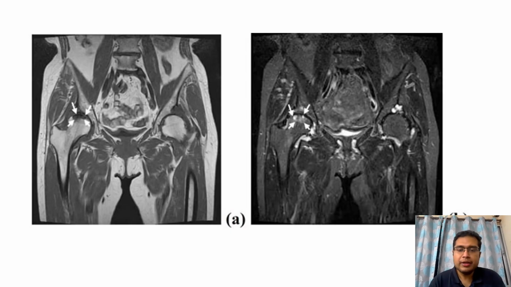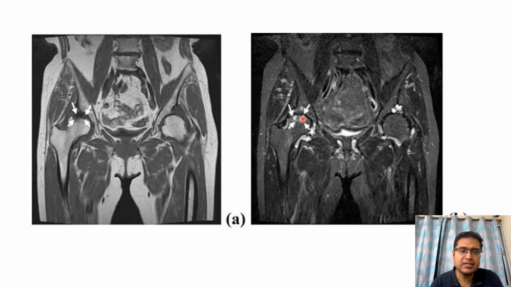Then coming to another important case of hip pain, where in this case an area is seen, but this area on the T2 weighted images is completely occupied by small hyperintense cysts, that is subchondral cysts. There is no double line sign, and this complete area has tiny subchondral cysts.